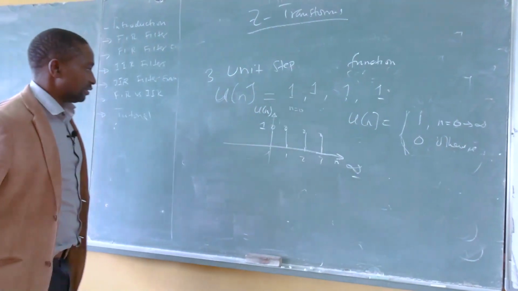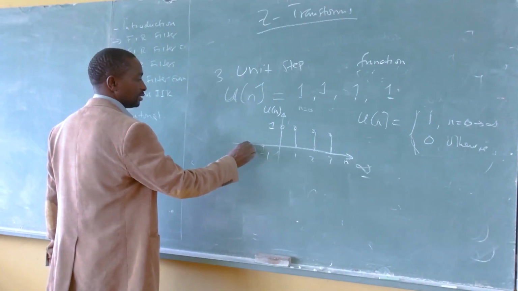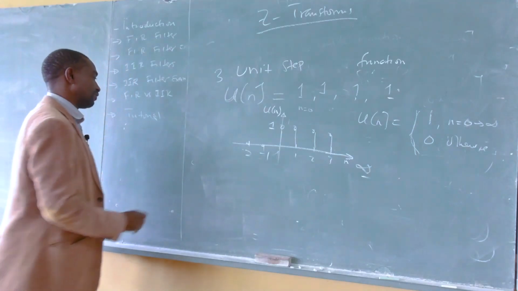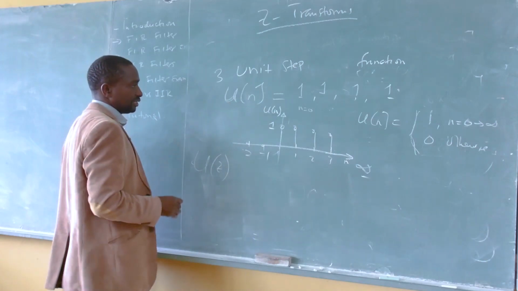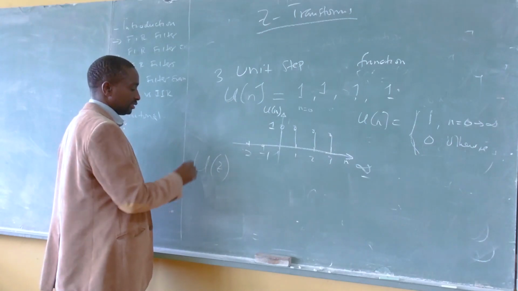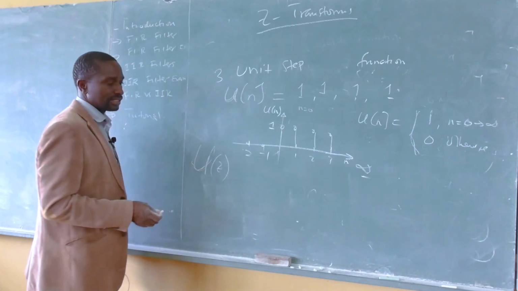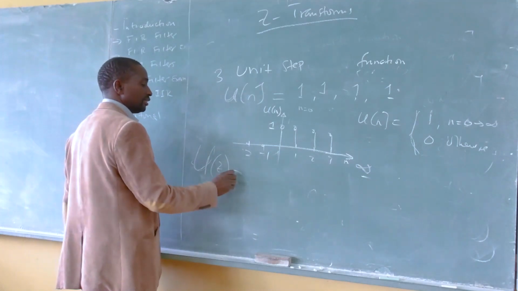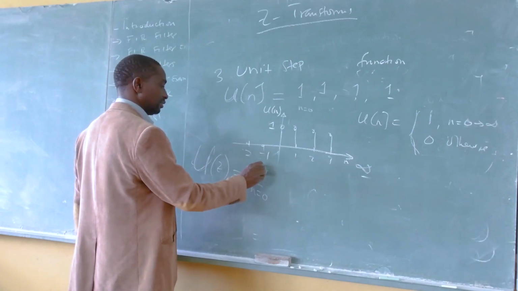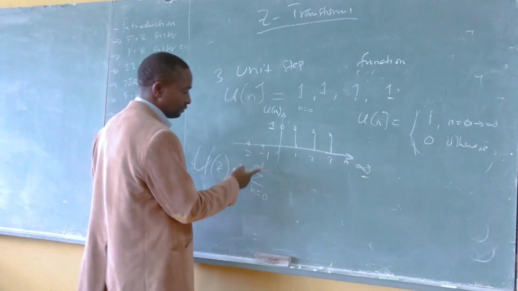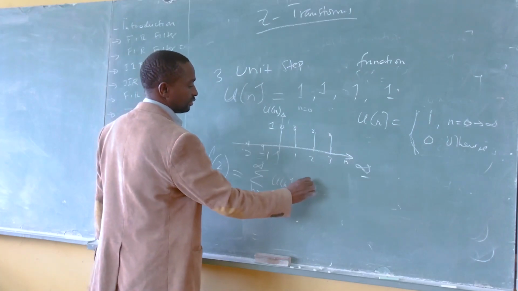Having noted that, we can now find the z transform, capital U of z, as opposed to small letter u of n in the time domain. In the Z domain, you make sure this is capital letter Z. So from the definition, this again will be equal to the summation from n equals 0 to infinity of u of n, z to the power minus n.